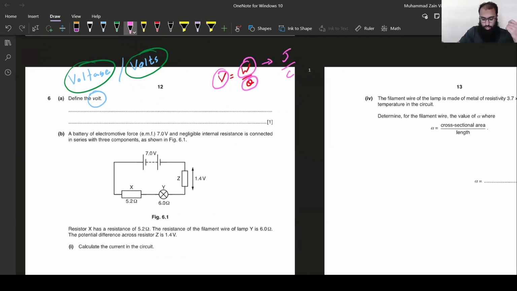That's what a volt is. When we're talking about units, we define it in terms of units. So we can't say work done per unit charge is volts. Volts is joules per coulomb, and voltage is work done per unit charge. I hope this difference is clear to everyone. That's the difference between quantity and unit.